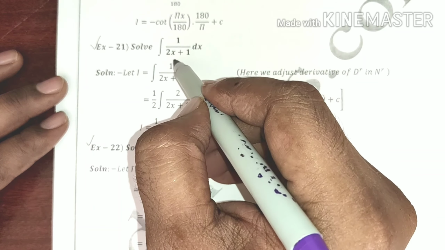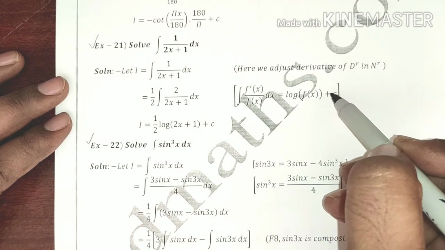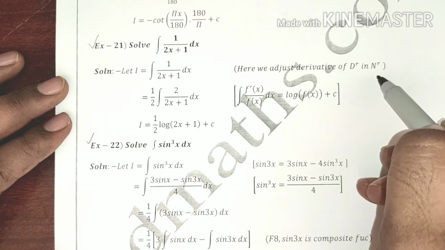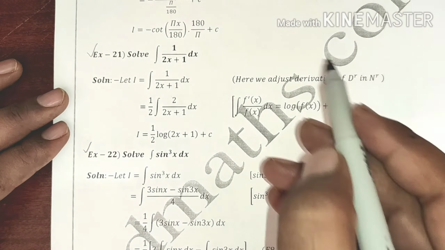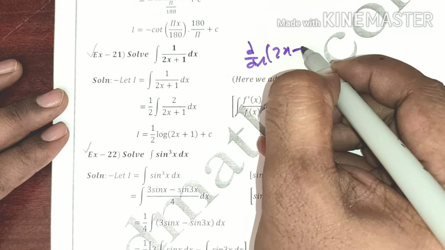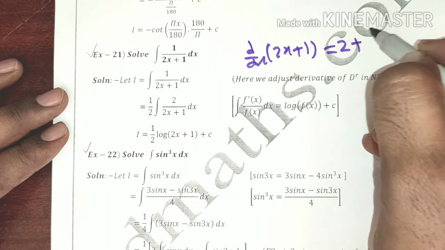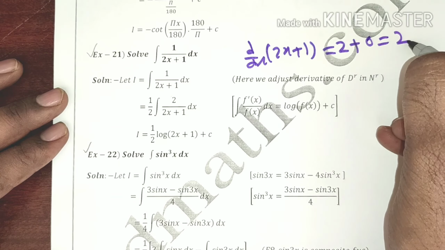Solve integration 1 upon 2x plus 1 dx. Here we adjust the derivative of the denominator in the numerator. First of all, we take the derivative of the denominator, d by dx of 2x plus 1. Derivative of 2x is 2, and derivative of 1 is 0, so this will be 2.